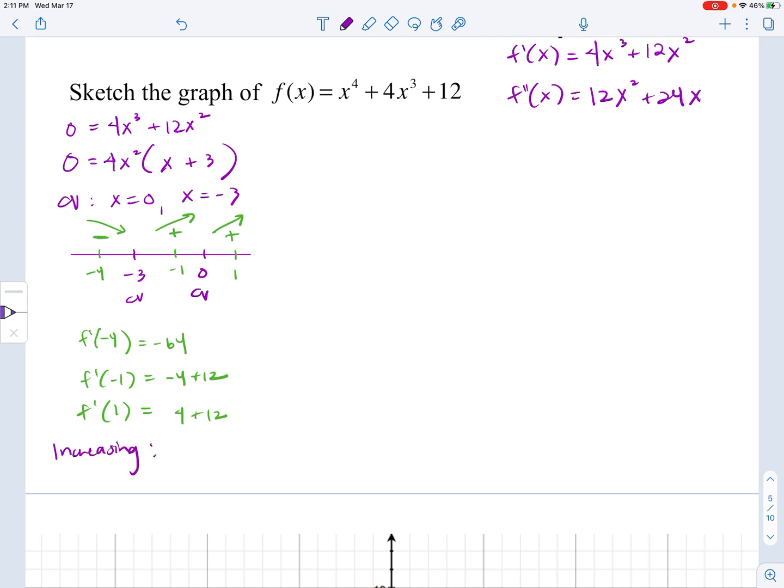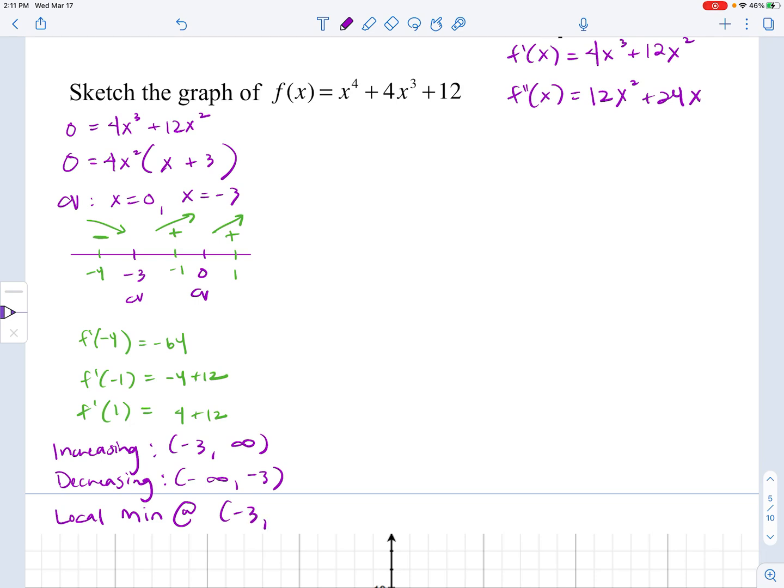Okay, so we can say that the function would be increasing from -3 to infinity. Even though there's a horizontal tangent line at 0, the values are still increasing. As x is getting larger, the y values would still be getting larger as well. And then decreasing from -infinity to -3.